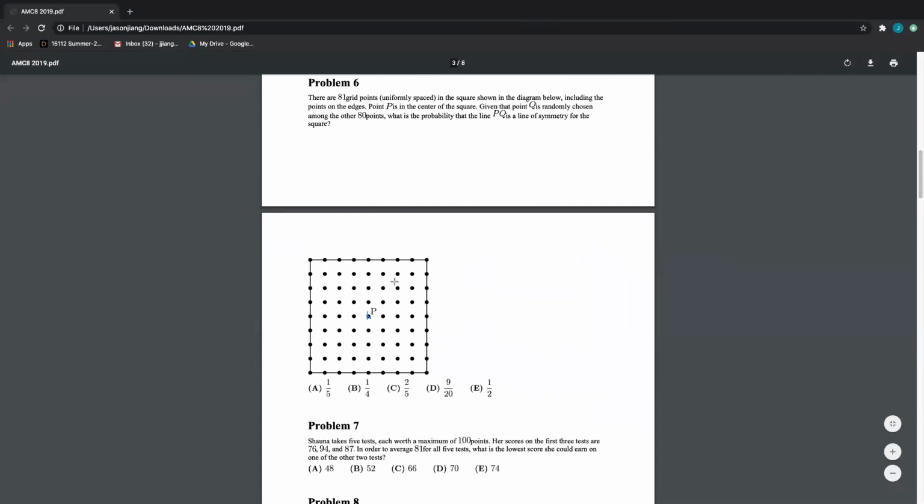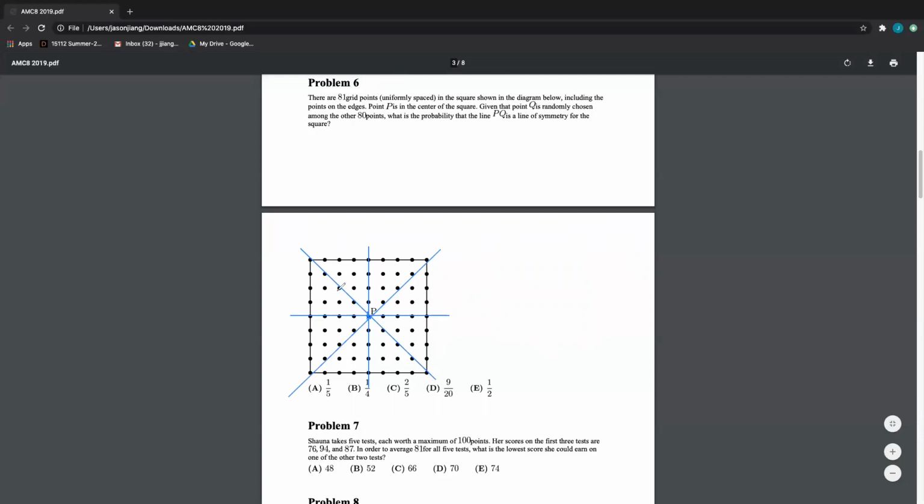So we know that a square is going to have 4 lines of symmetry. One this way, one this way, as well as 2 diagonals. So all we have to do is count how many points lie on these lines of symmetry.